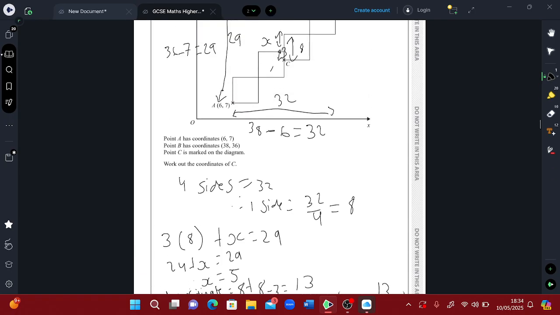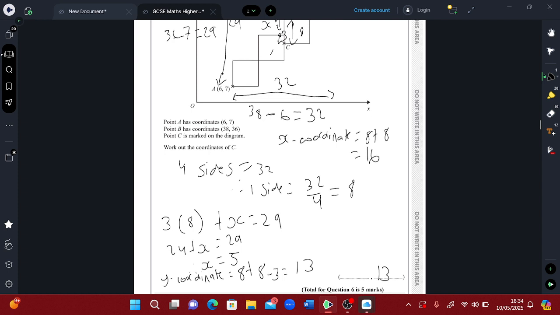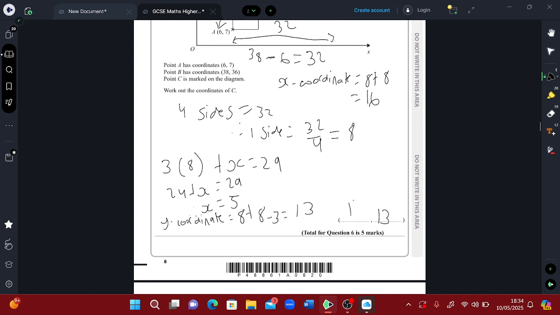Okay, cool. To find the x-coordinate, the x-coordinate is simply going to be an 8 length here and an 8 there. So the x-coordinate is going to be 16. So the answer should be 16 and 13.